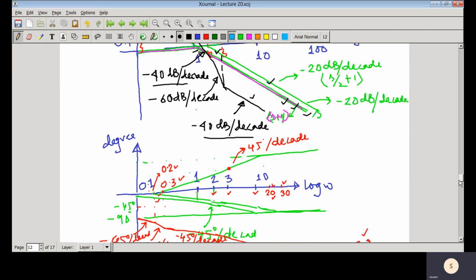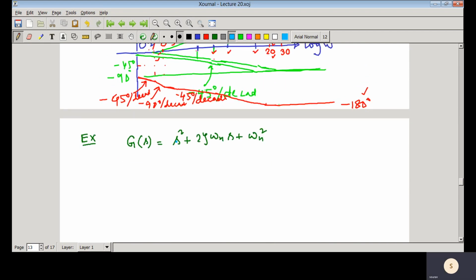If you write it in normalized form, that is G of s by omega n square, and that would be s square by omega n square plus twice zeta s by omega n, and here you have 1.